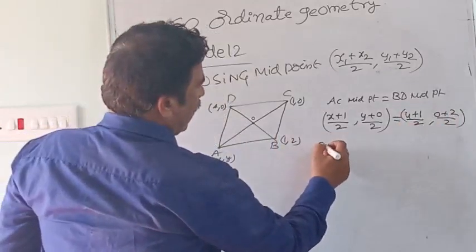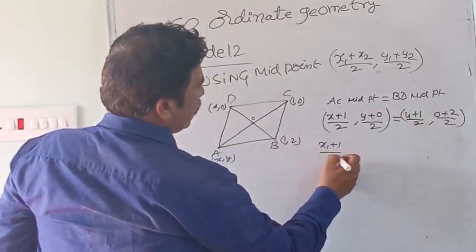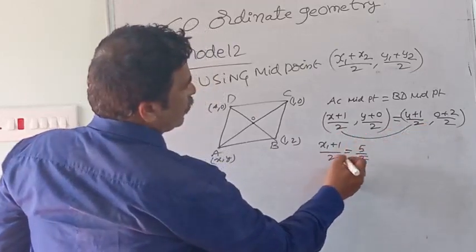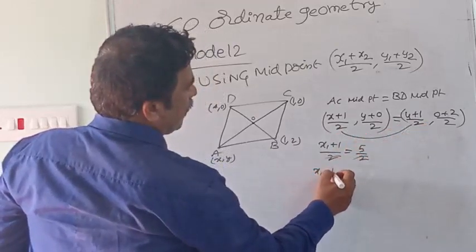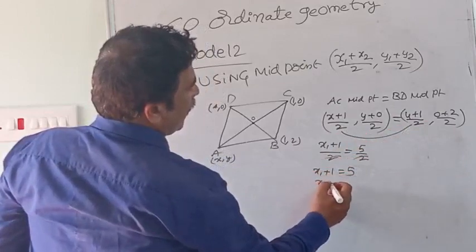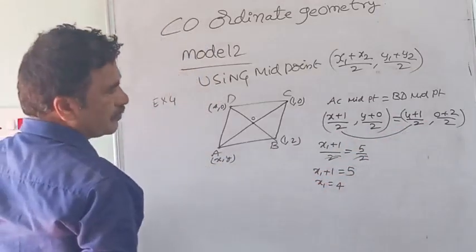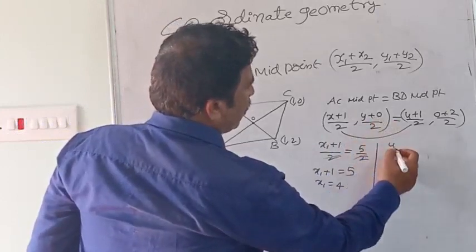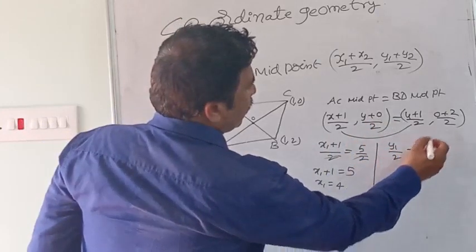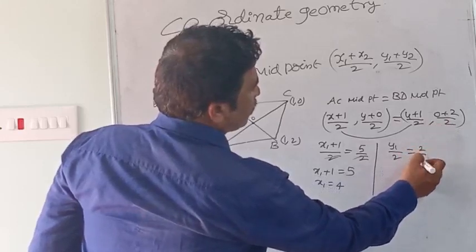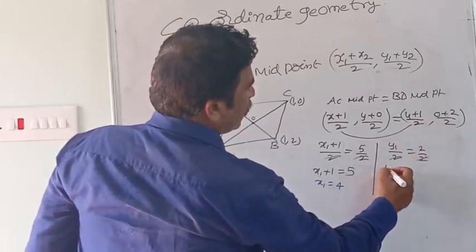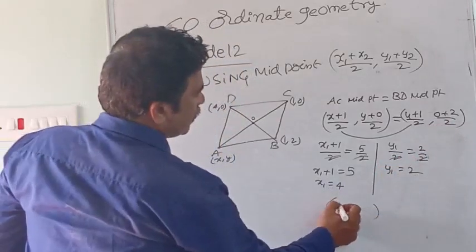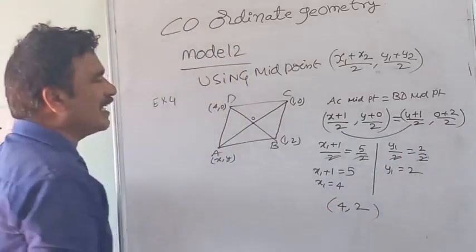Simplify: (x plus 1) by 2 is equal to, first equate, 5 by 2. 2 cancel, x plus 1 is equal to 5, x is equal to 4. Second one equate, y plus 0, y only, by 2 is equal to 2 by 2. Therefore cancel 2, y is equal to 2. Therefore the point is 4 comma 2. Missing point we can find.